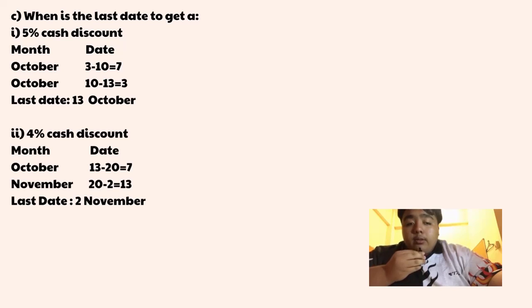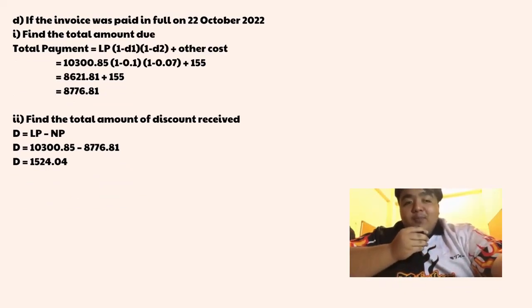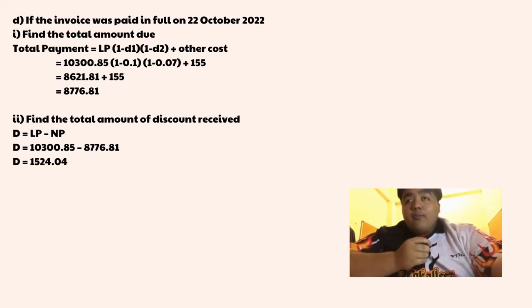For the 4% cash discount, it is the 2nd of November. Now for question D. If the invoice was paid in full on 22 October 2022, find the total amount due.